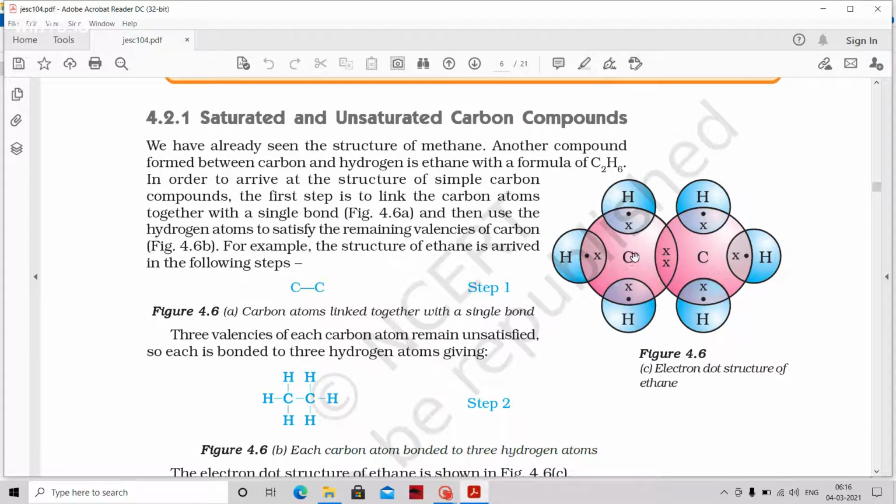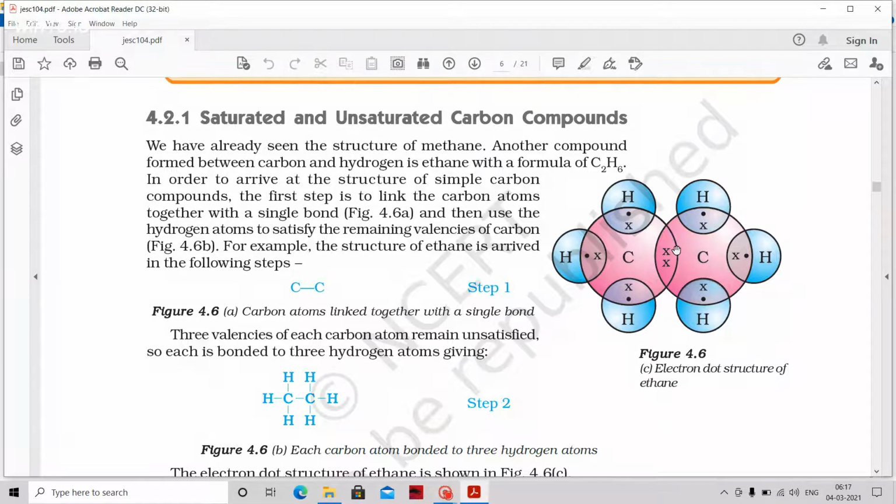Similarly, carbon has a tetravalency, correct? That means carbon needs 4 more electrons to satisfy its octet. If the carbon's valency, that is tetravalency, is satisfied by 4 atoms, then it is a saturated compound, because it can have a maximum of 4 atoms to bond with.